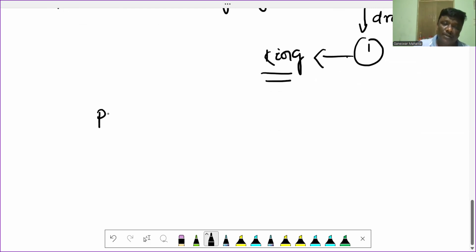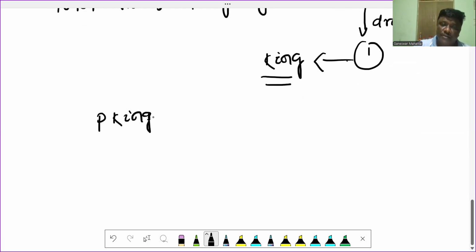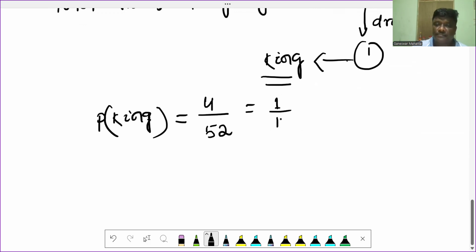So the probability of a king is 4 out of a total of 52, that is 1 by 13. So the king probability is 1 by 13.